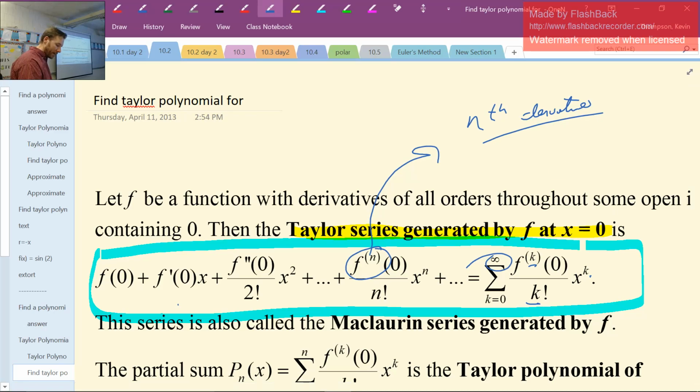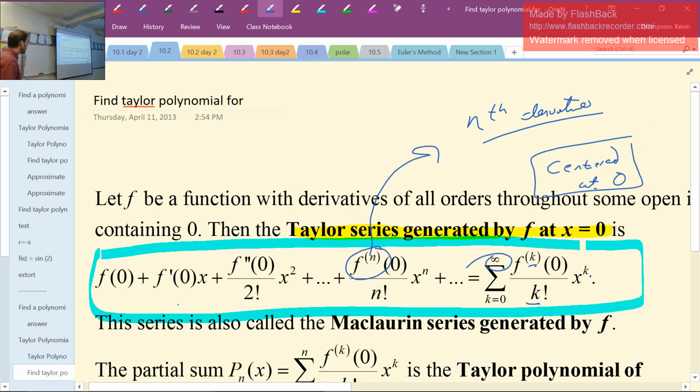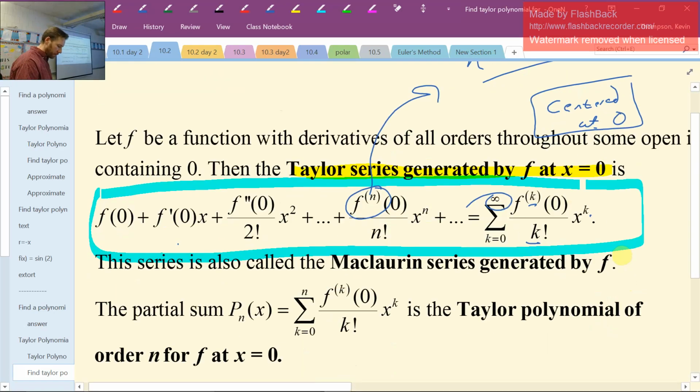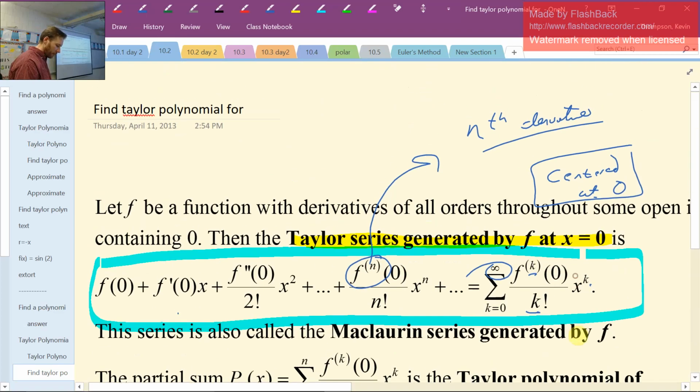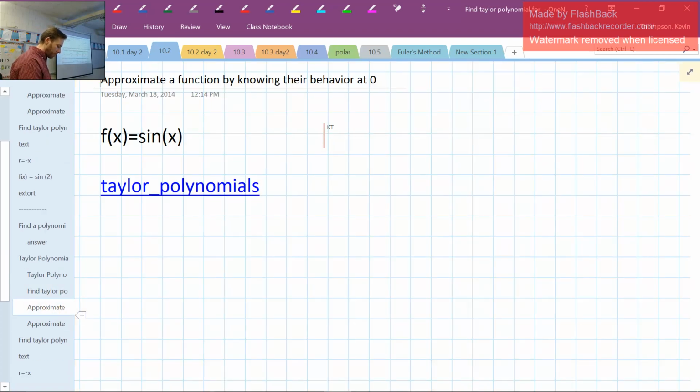That's why sometimes we would say it's centered at 0. That's a phrase that we would use. Don't need to worry about that yet.